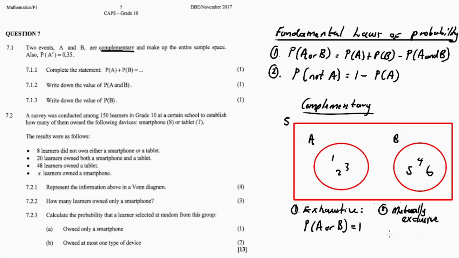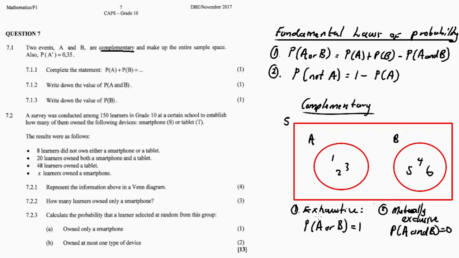Mutually exclusive simply means that A and B never intersect. So the probability of A and B is equal to 0. We don't have an intersection for complementary events.